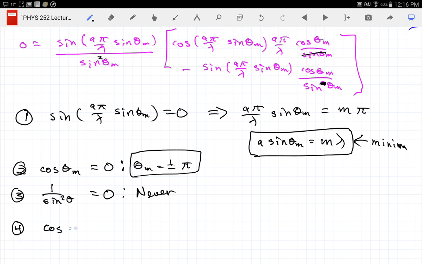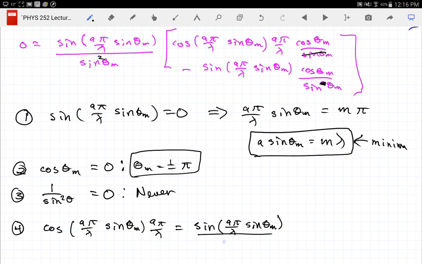When cosine of a pi over lambda sine theta m times a pi over lambda times cosine theta m. Oh wait, no, I already brought out the cosine theta m's, didn't I? Yes, thank you. Equals sine of a pi over lambda sine theta m over sine theta m.